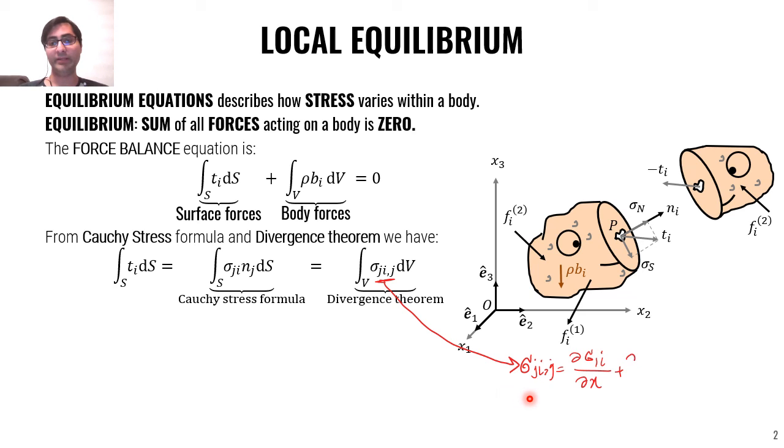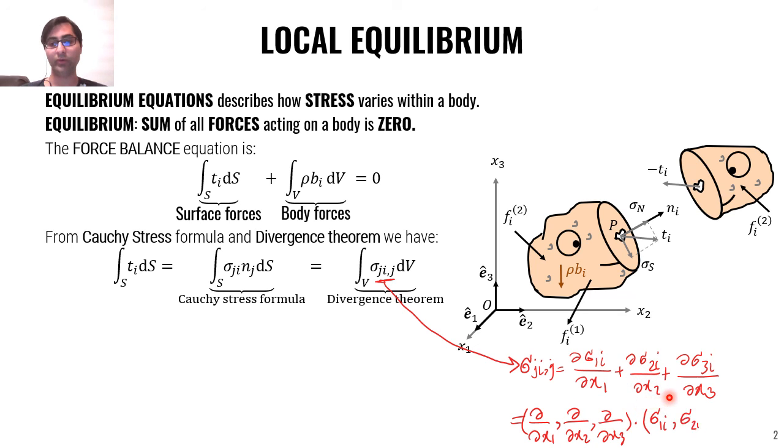For example, if I expand this divergence, I get sigma ji comma j is equal to partial sigma 1i partial x1 plus partial sigma 2i partial x2 plus partial sigma 3i partial x3, which is basically the nabla operator inner product with one column of the stress tensor.